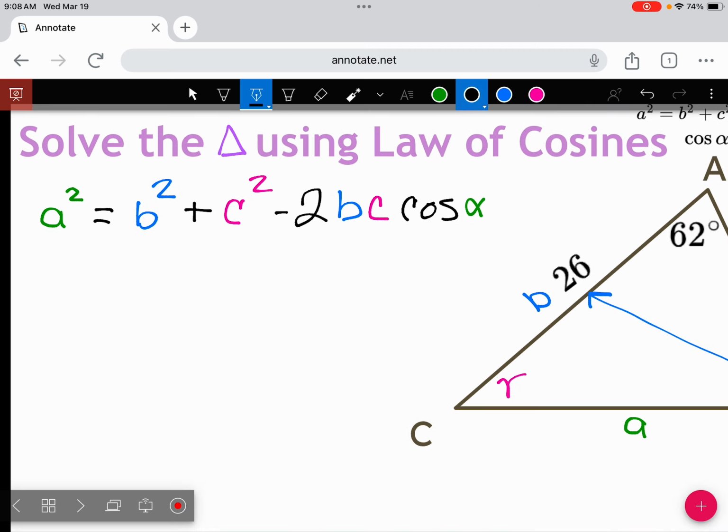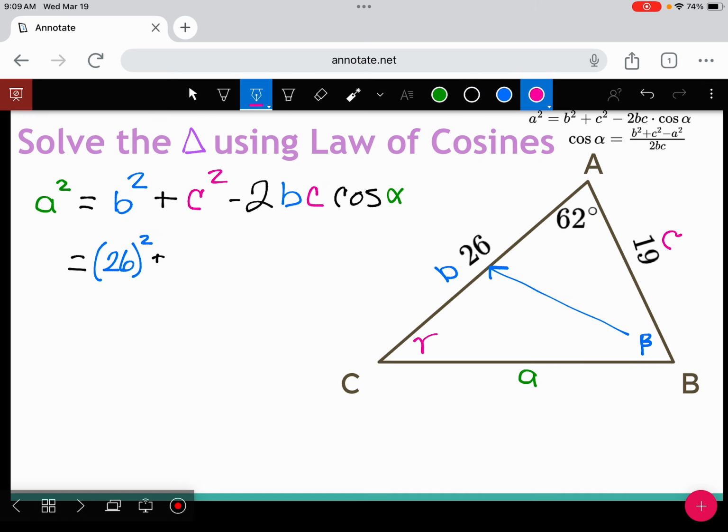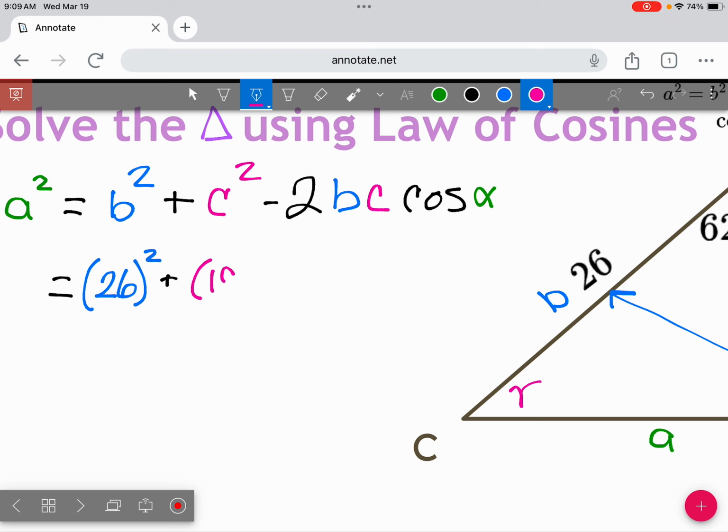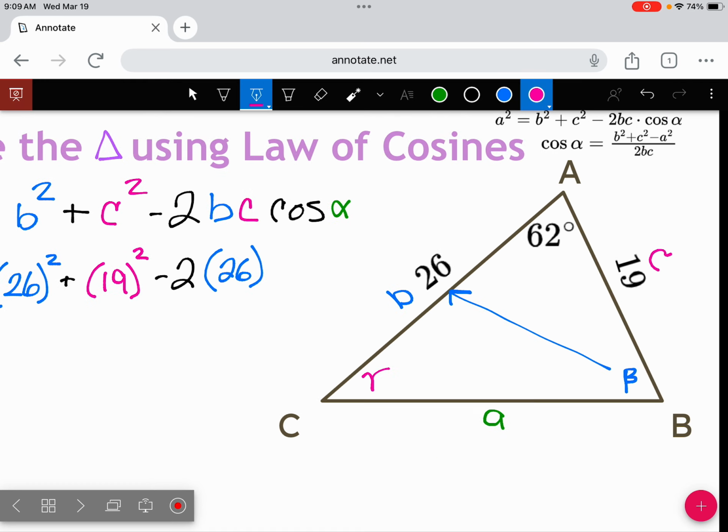So in our formula up here, we're going to put in our 26 squared plus our C squared, that's our 19, minus 2 times our B, which is 26, times our C, which is 19, and then cosine of angle alpha, which is 62 degrees.